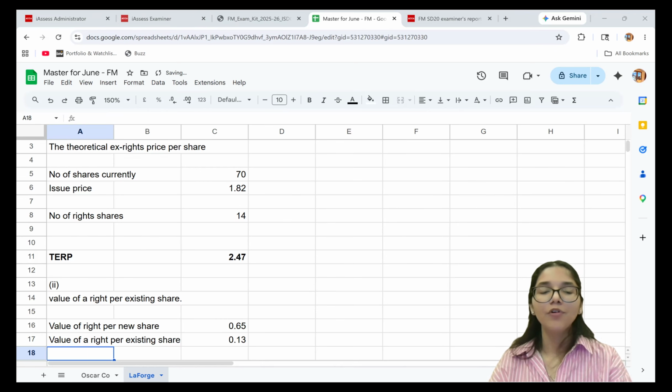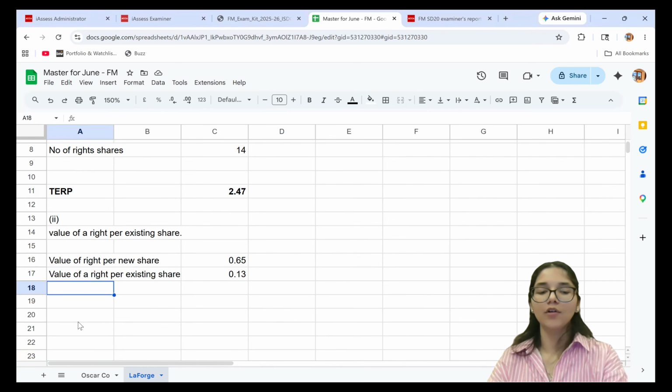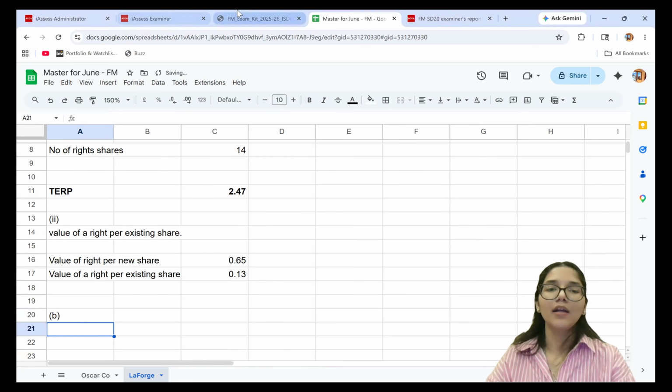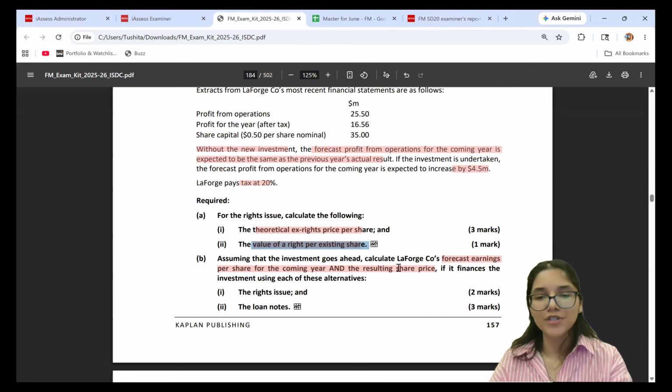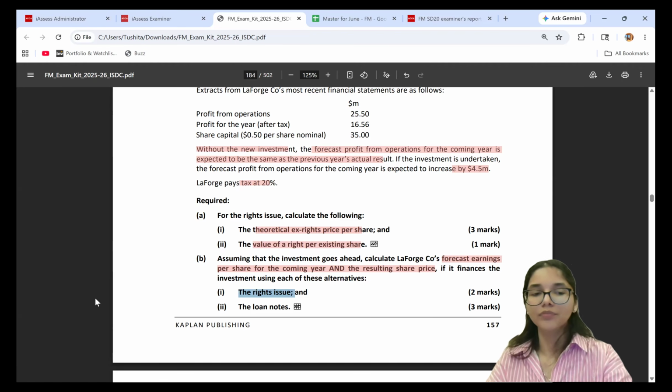Okay. Now we move ahead to the second part of the requirement, wherein what did I have to calculate? I have to assume that the investment goes ahead, and then I have to calculate what the EPS will be, what the share price will be if for the first scenario we are going ahead with the rights issue.